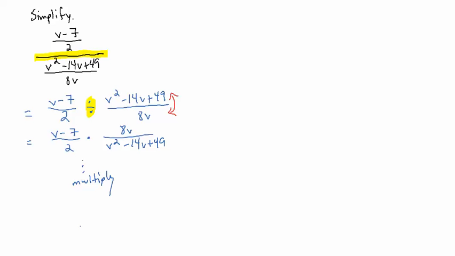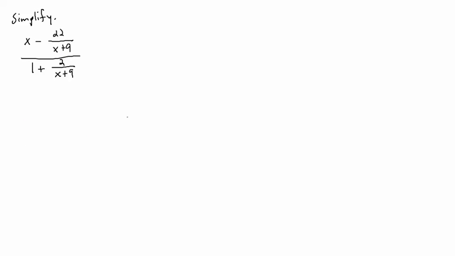Let's take a look at the setup for the other two problems. So you're thinking, well, this fraction bar is division, so I could do the same thing. I could write the top divided by the bottom. The issue with this problem is that this is not a single fraction, and the bottom is not a single fraction either.